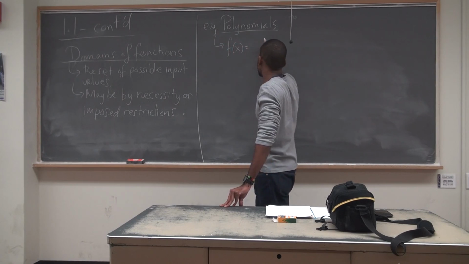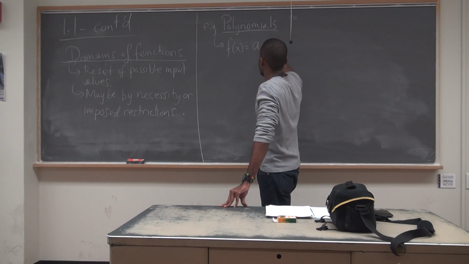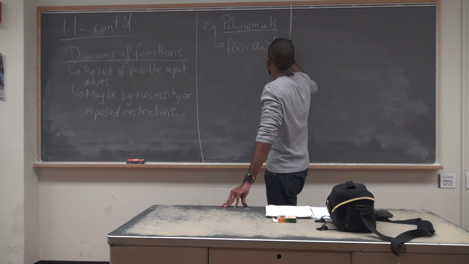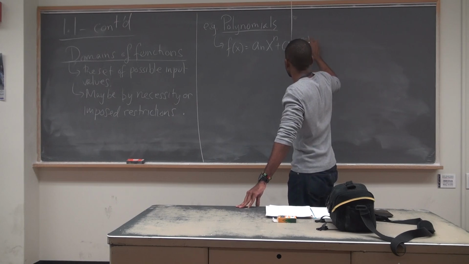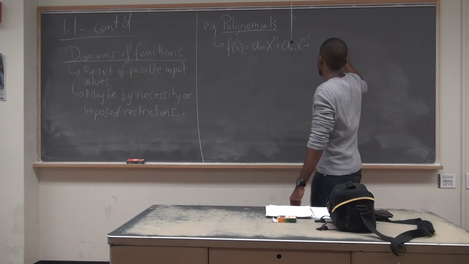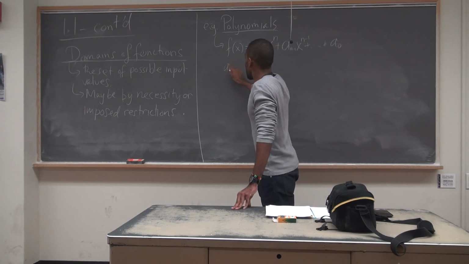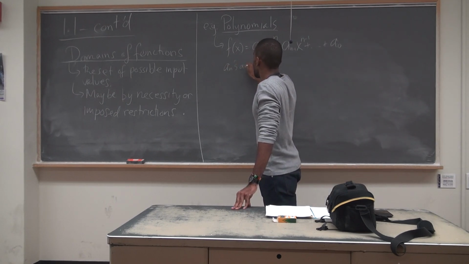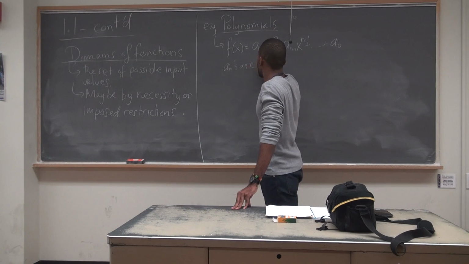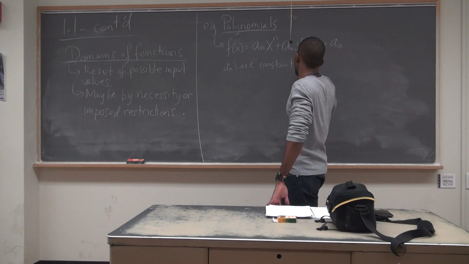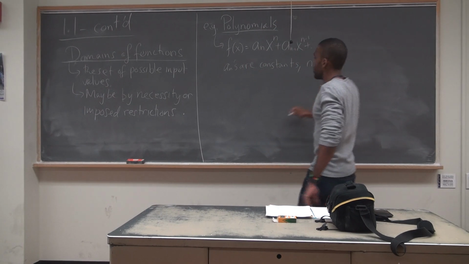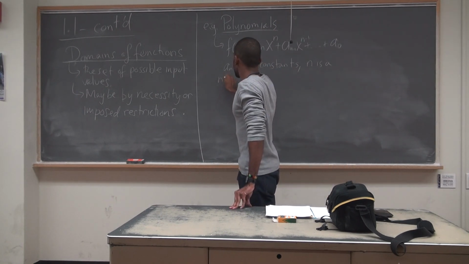It looks like a_n x to the n plus a_(n-1) x to the n minus 1 plus and so on, all the way down, where our a_n's are constants. n is a non-negative integer.